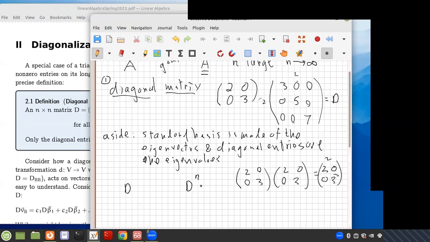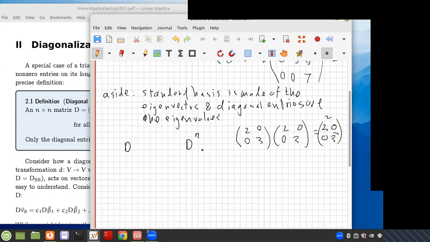So the power of a diagonal matrix is just another diagonal matrix with each of the entries raised to the nth power. So this is going to look like lambda 1 to the nth power, 0, 0, lambda 2 to the nth power. This is a suggestive form: if we could convert matrix A into a diagonal form, then taking its power would be easy to do, right?